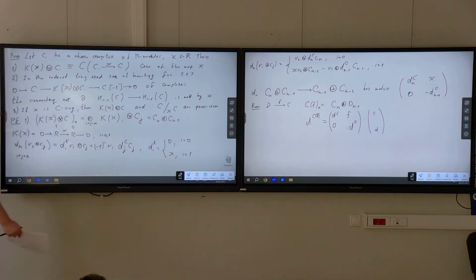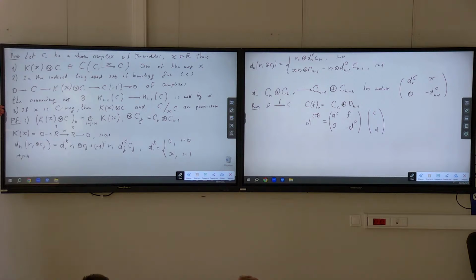And part 3 follows immediately if you know this general property: whenever you have a monomorphism of two complexes and you compute the cone of the monomorphism, then this is quasi-isomorphic to the quotient, the cokernel of this monomorphism. I left this as an exercise in the first assignment. I think it's a nice thing to know from homological algebra, a nice property of the cone. So if you know this general property, you don't need to prove part 3, it follows immediately.